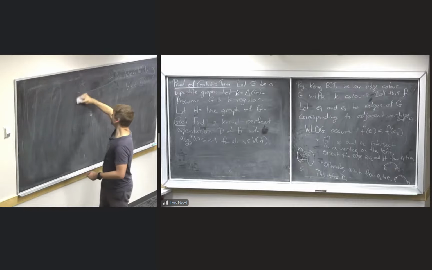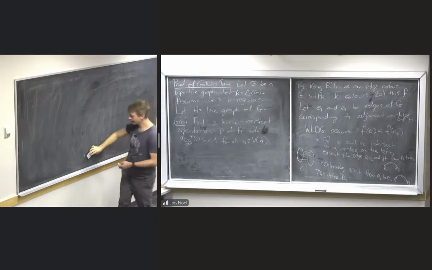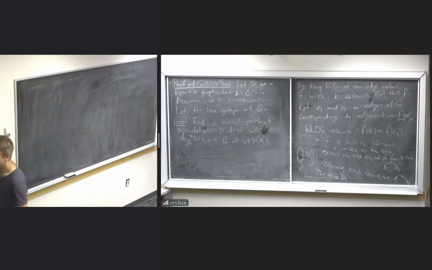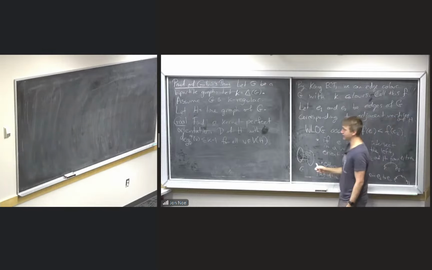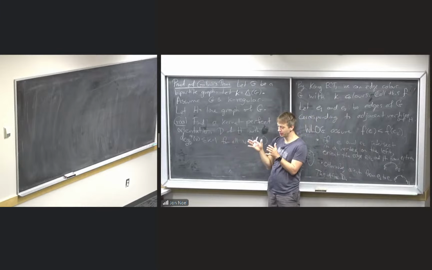I want to show it's kernel perfect. This is the hard part, right? I need to pick any subset of the vertices of D, every subset, and show that they all have kernels.